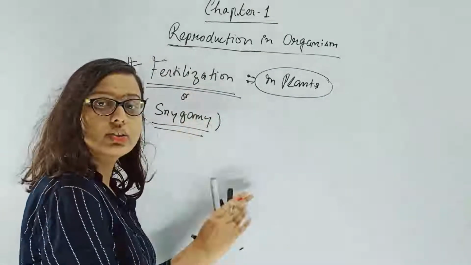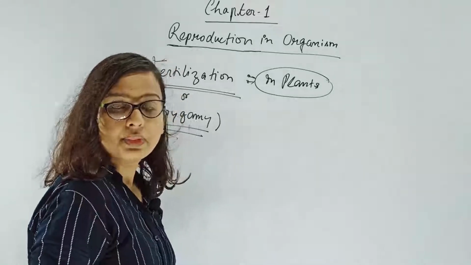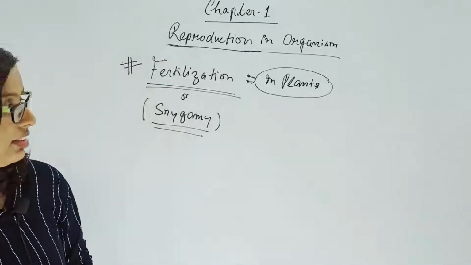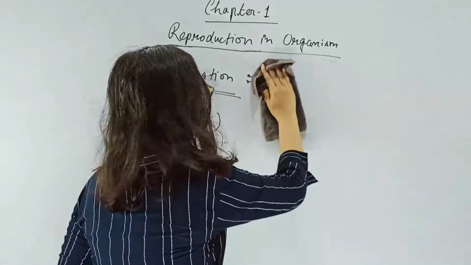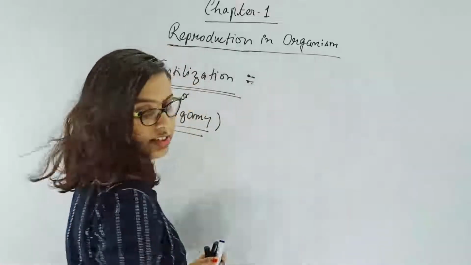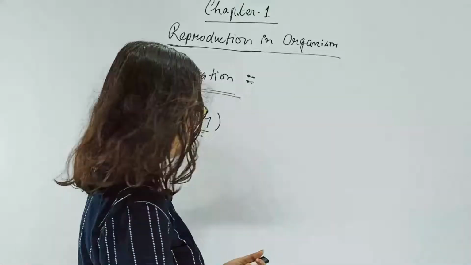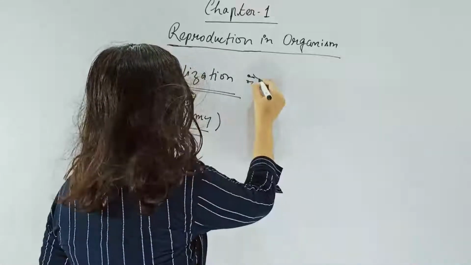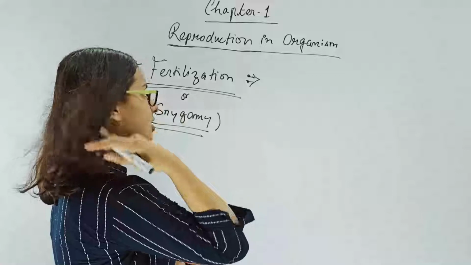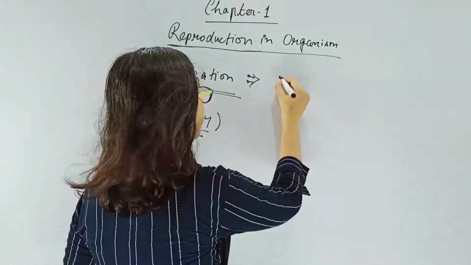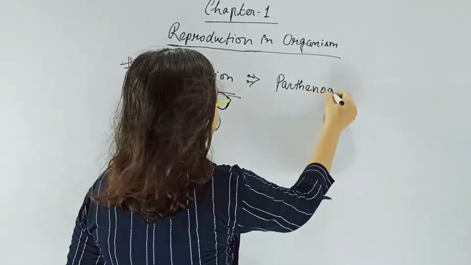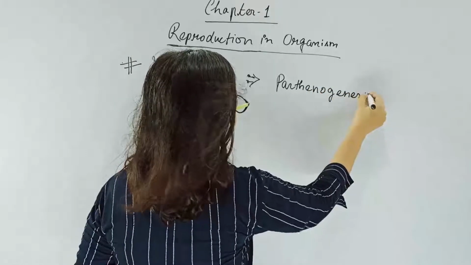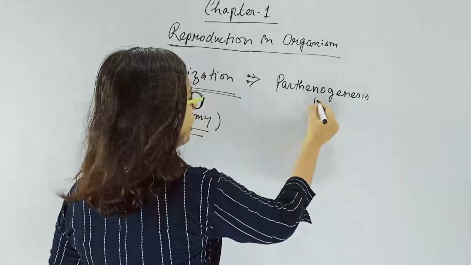This fertilization you just saw in case of plants. Now you have to see in case of animals. There are certain animals which do not undergo proper fertilization. Rather than the fertilization, there is a process called parthenogenesis. Parthenogenesis, in case of animals.